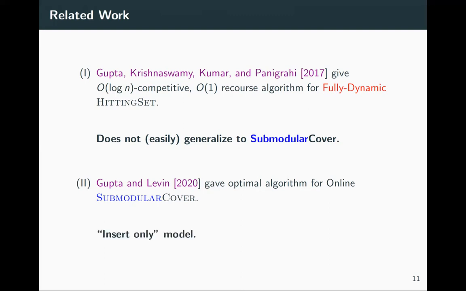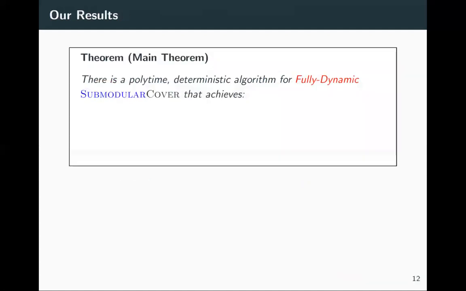Now, unfortunately, this type of algorithm really only works in an insert-only version of this problem, and fundamentally breaks when functions can depart the system as well. Furthermore, because the requirement is more stringent that you never take back any decisions, the guarantees that you can achieve are significantly worse than you can get for the fully dynamic setting. And this will be clear once I show our results in the next slide.